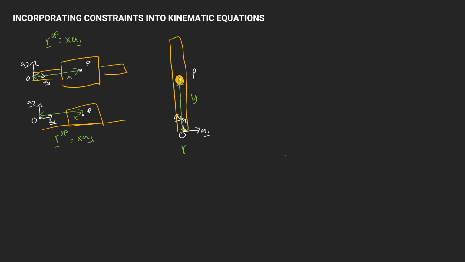And here you have r^OP is equal to y a2. In each of these equations, you have one coordinate. In these two equations, that coordinate is x, and in this equation here, it's y. There's one coordinate because all of these systems have 1 degree of freedom, which is probably very intuitive to you at this point.